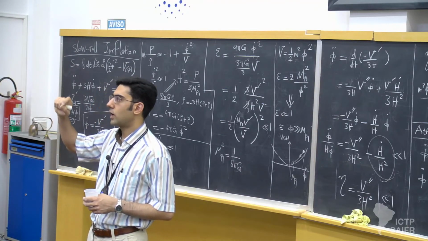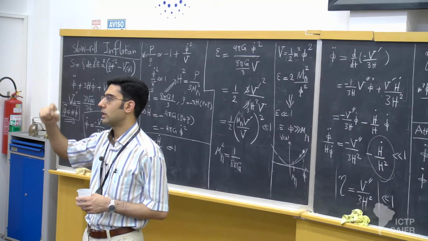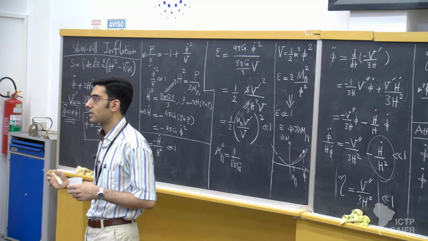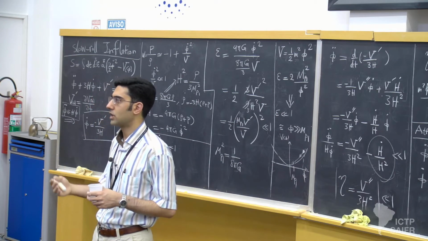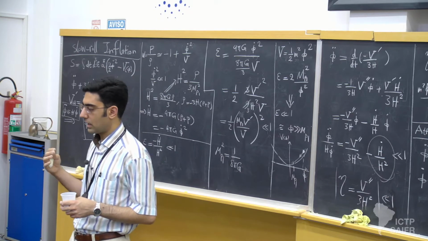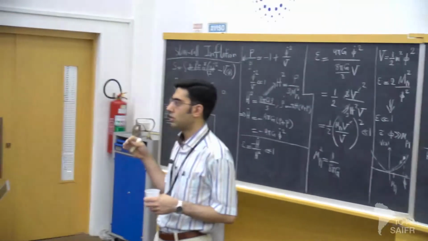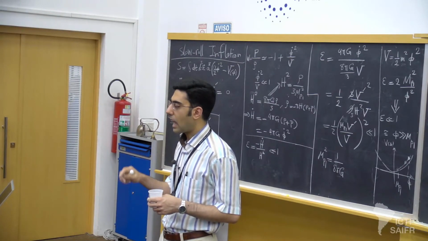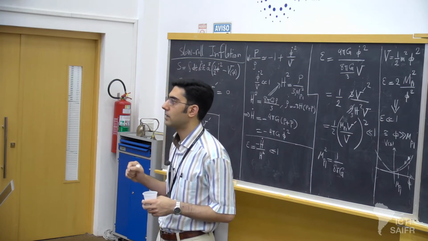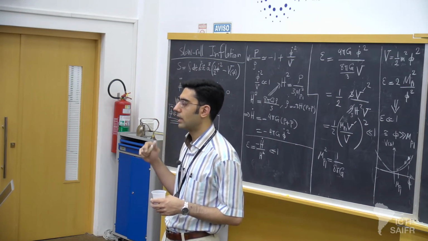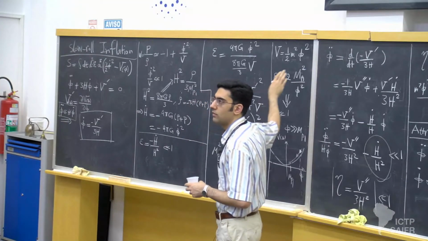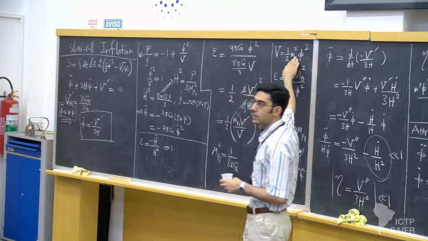For that fixed phi, if I change the mass of the inflaton, the energy density will change. If the energy density changes, the Hubble during inflation itself will change. And then we will see that the prediction of inflation for the amplitude of fluctuations does depend on the scale of inflation, or this H. And that will fix m for us.